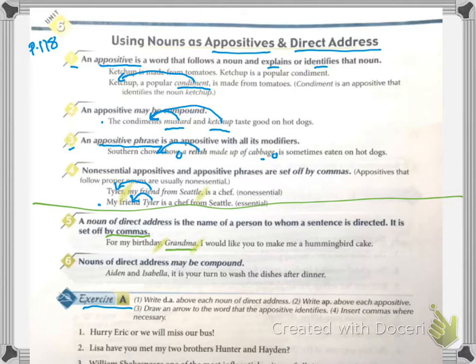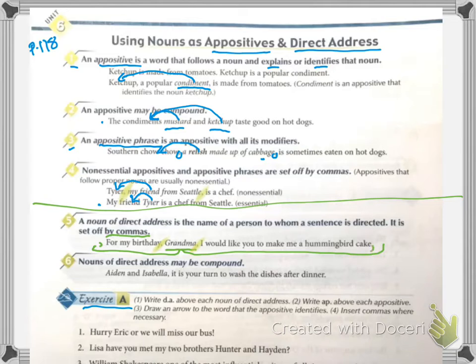Now, direct address can move around. I could move this over here and say, Grandma, for my birthday, I would like you to make me a hummingbird cake, and I would set it apart with a comma. I could move it to the back of the sentence. For my birthday, I would like you to make me a hummingbird cake, Grandma.